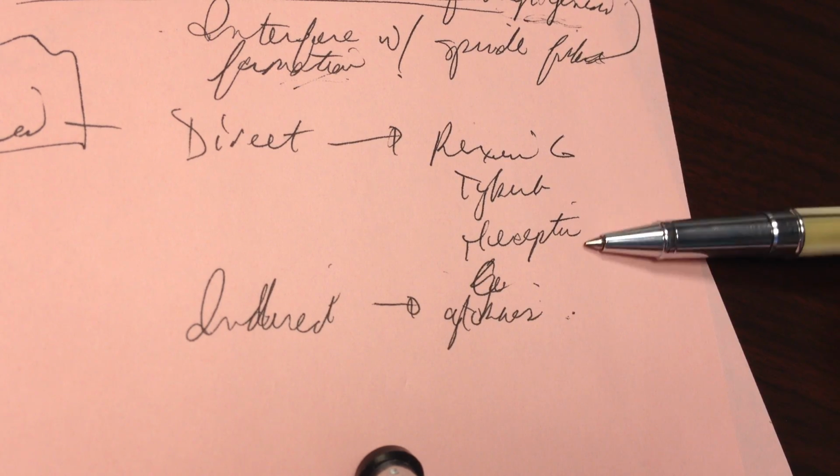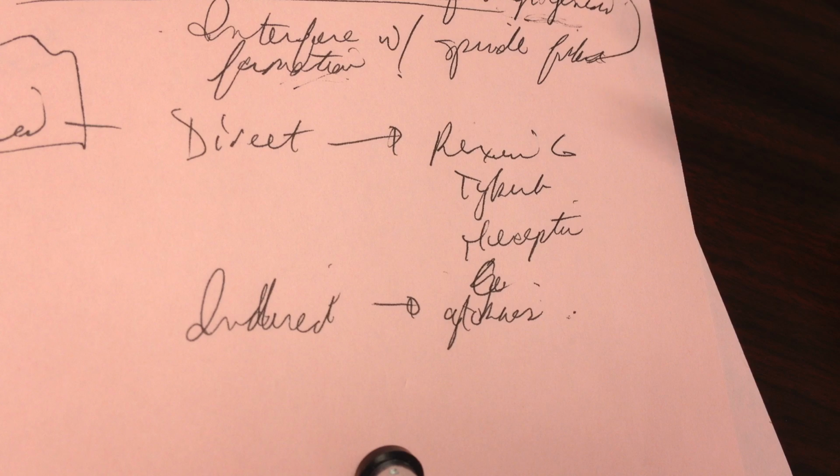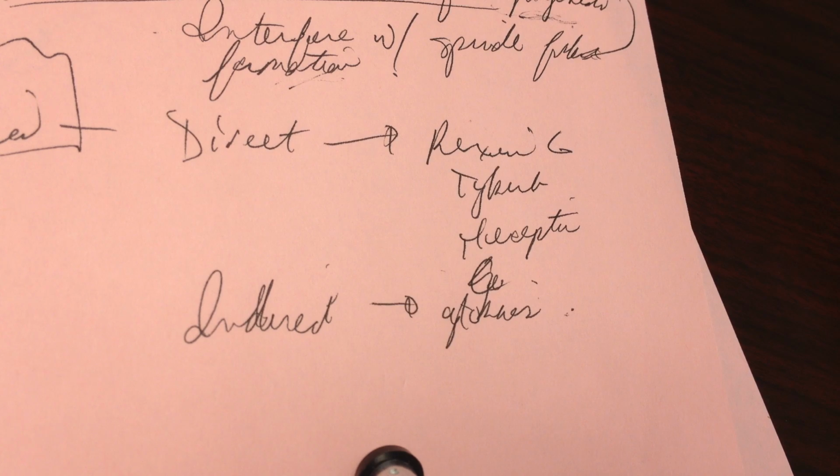Then we talked about these two, Tykerb and Herceptin, treatments that essentially target cells that have higher concentrations of that HER2 receptor that we typically find on all cells, but some types of cancer, breast cancer for example, have a higher concentration of HER2 receptors.